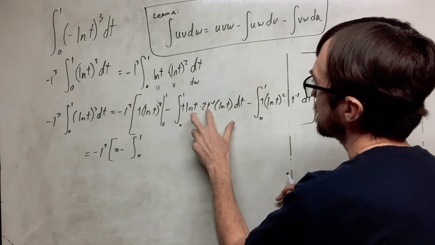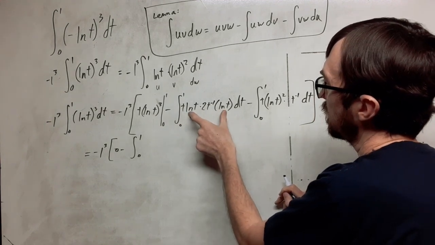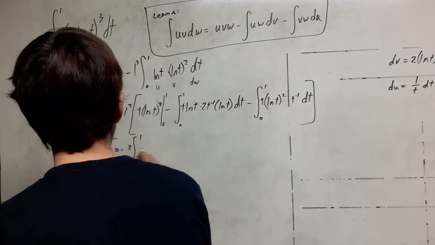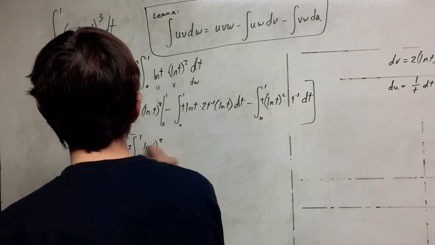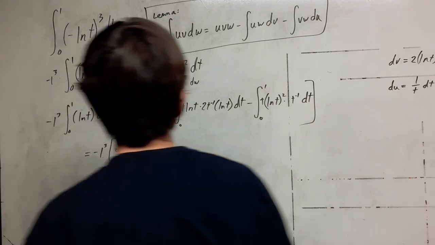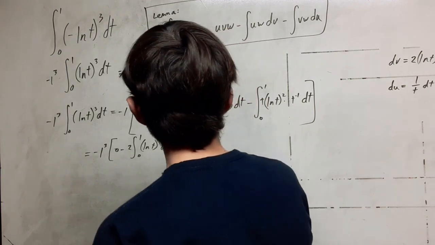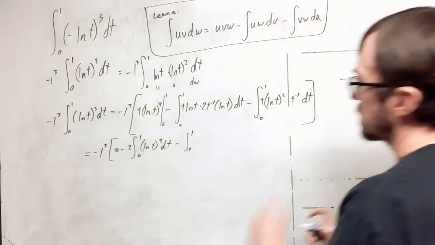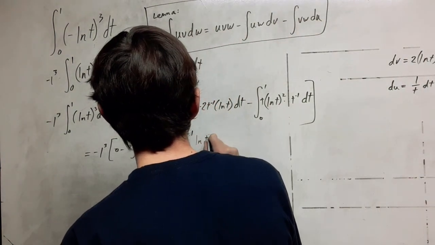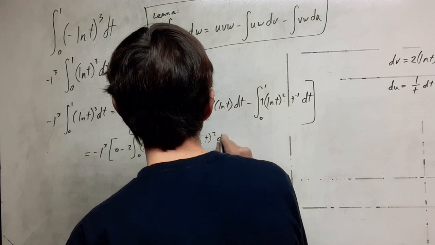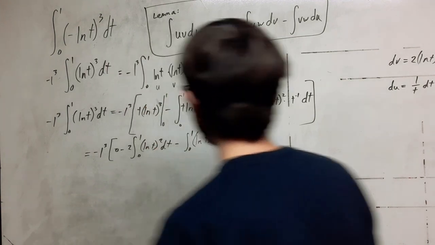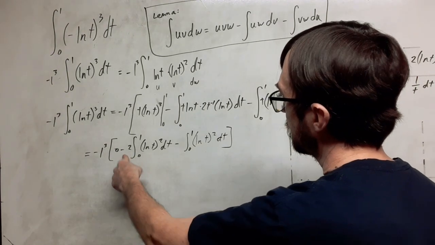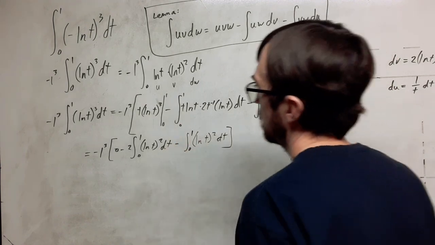As we look in here, the t's are going to cancel here. I'm going to have log t squared here, and I'm going to have an extra 2. I can pass that through the integrand. Looking over here at the next one, these t's will also cancel, leaving me with just a log t squared. And now I can add these two pieces together. So I have -2 plus a -1.